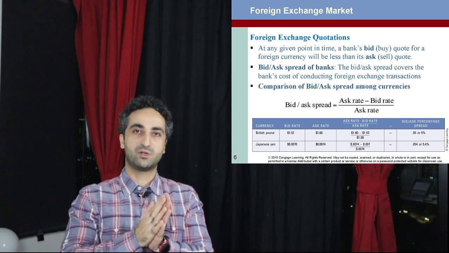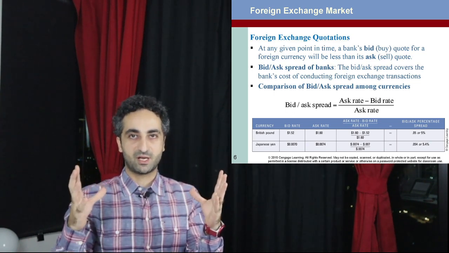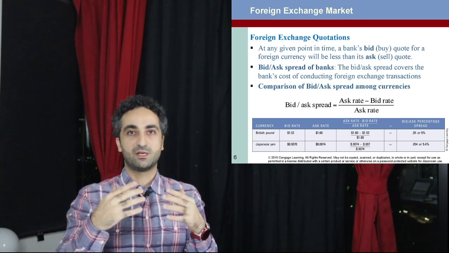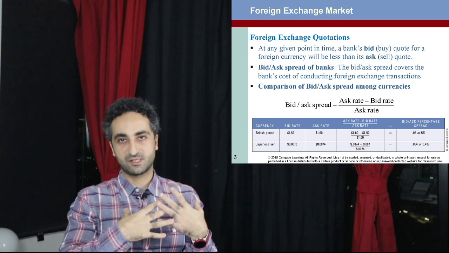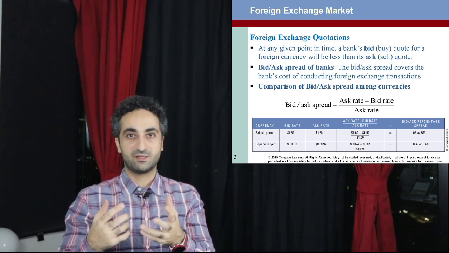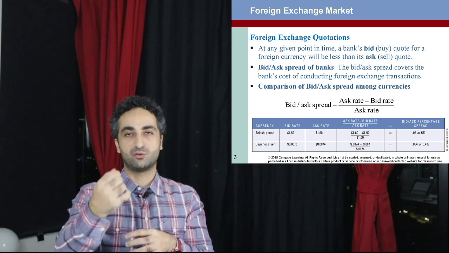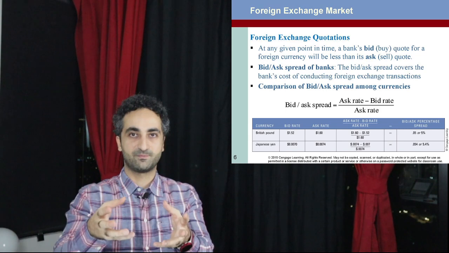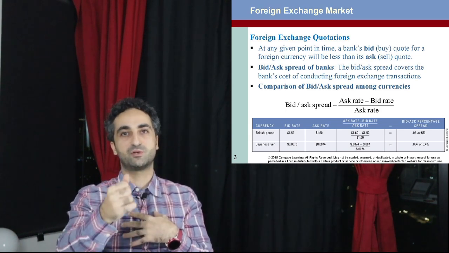So in the first one, buy. Remember guys, that this screen belongs to the shop. So now I am the shop, okay? So this is my screen. My bid price basically indicates the price which I am willing to pay for what you have. Okay, so if I'm going to buy, this is how much I would pay.